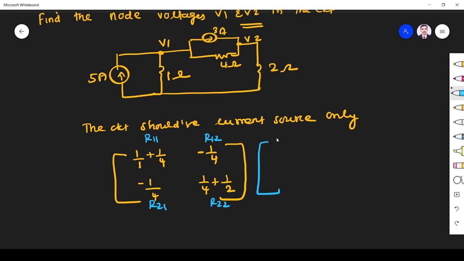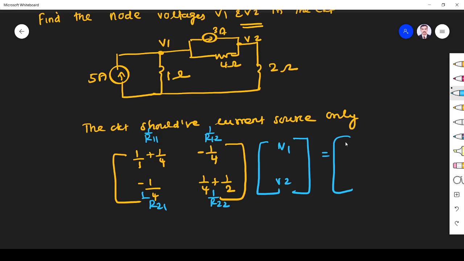Then you write V1, V2 on the left, equal to I1, I2 on the right, since V by R is I. What is the current coming into or leaving this node?